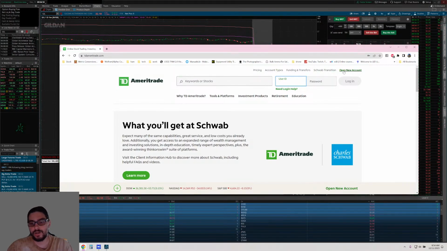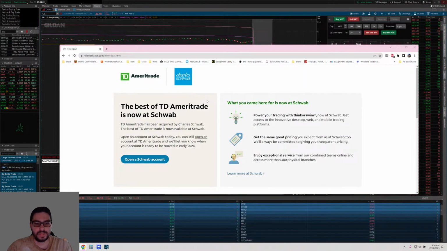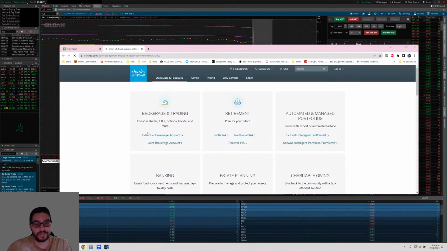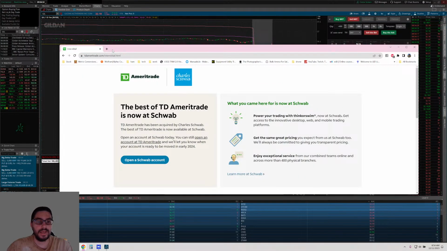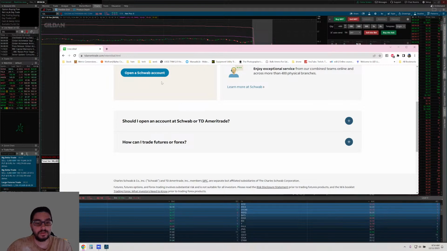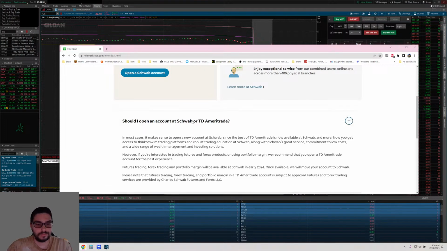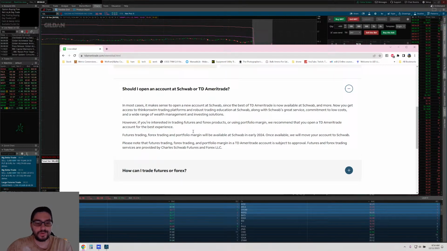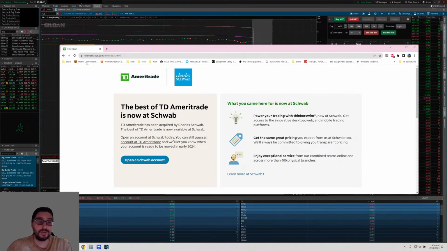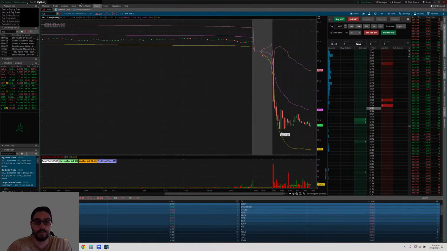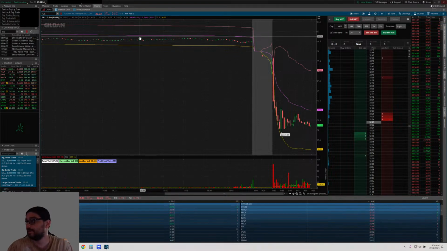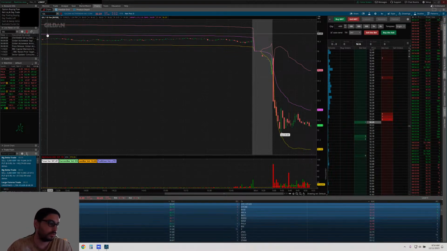So you'll go on here and you'll open up a new account, and then you'll deposit your money into it. Anyway, you deposit your money into the account, and then you would open up Thinkorswim, which is a desktop platform, and then you would pick a stock, and then you would trade it.